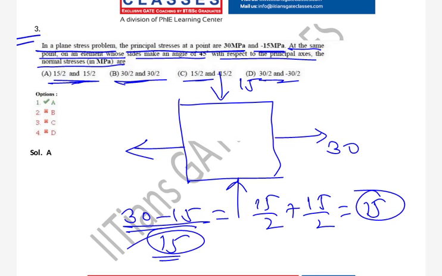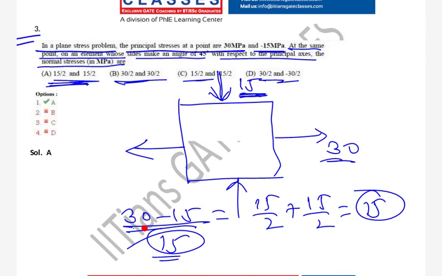Right? Other options are not satisfying this condition. So this is the shortest, but you can have one option where, what I'm saying, you sum this plus this and check all four options. There is only one option which gives, because this is going inward, so minus 15, right?